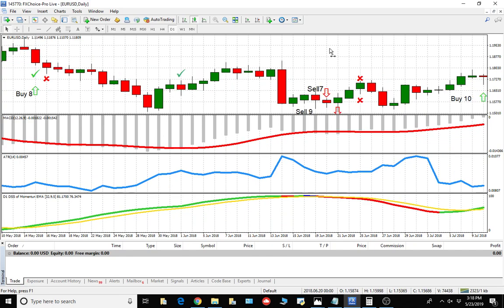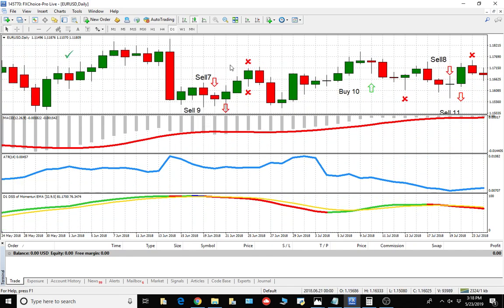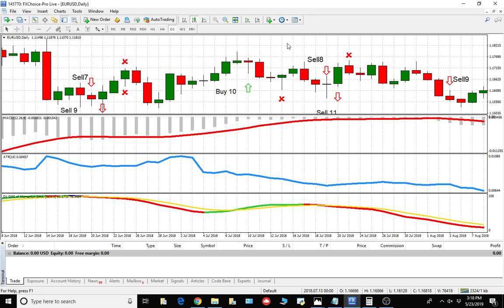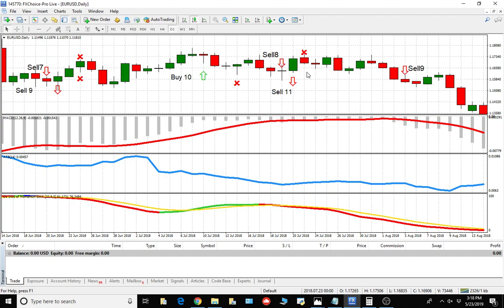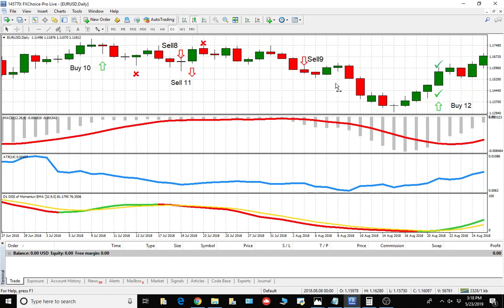So next set of trades, number 9 for the DS momentum was a loss. Number 7 for the MACD was a loss. Number 10 for the DS momentum was a loss. And then as you can see here, number 8 for the MACD was a loss as well. Number 11 for the DS momentum was a win.